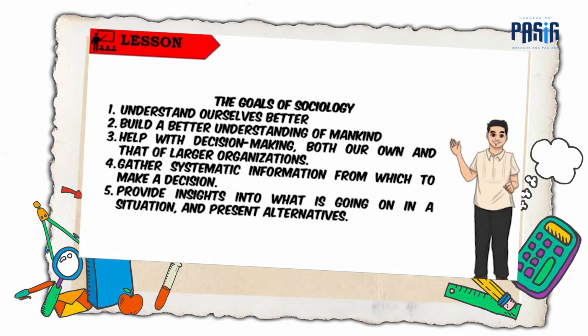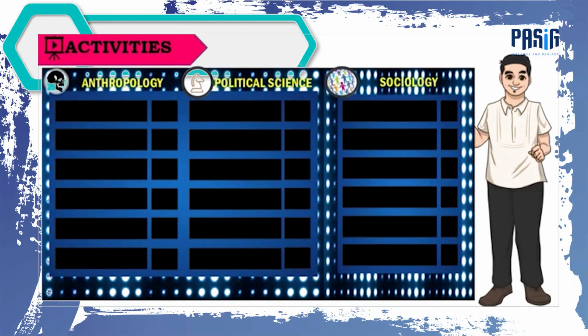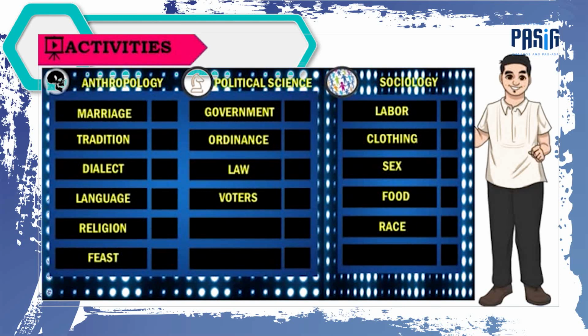So let us make some activities. Let us identify and segregate the given words that correspond to anthropology, political science, and sociology. Can you identify them all? Let us proceed. On anthropology, words such as marriage, tradition, dialect, language, religion, and feast sum up anthropology.